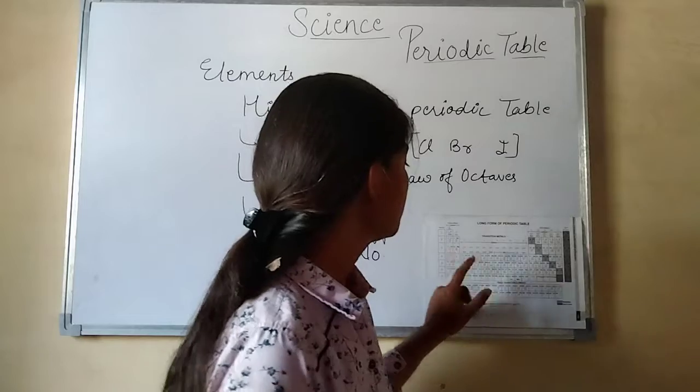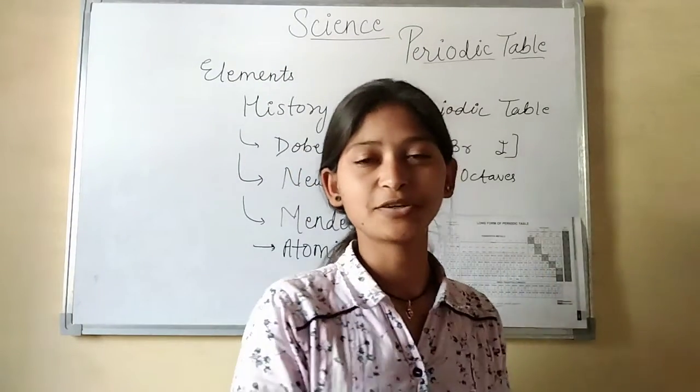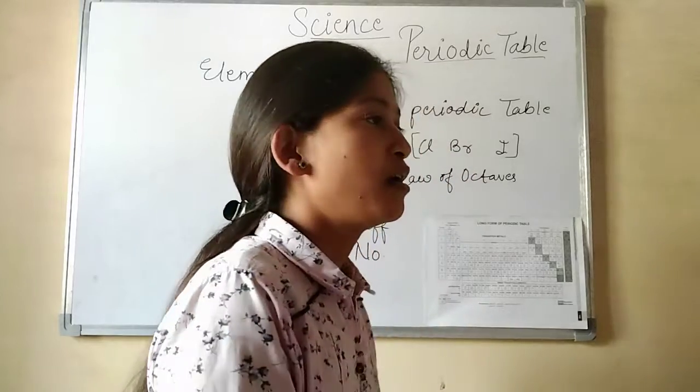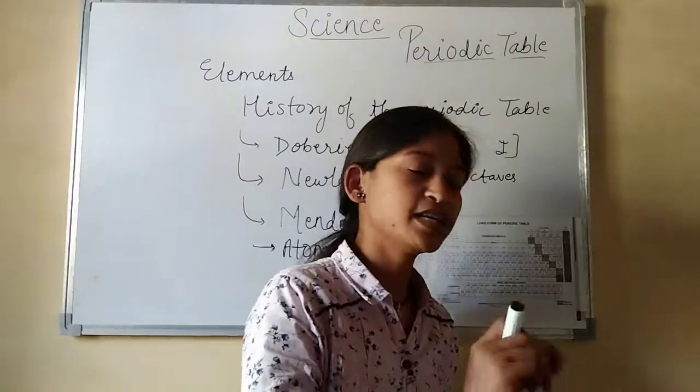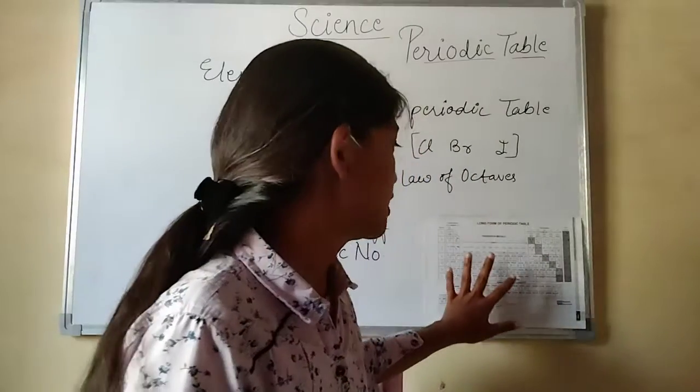You can see here there are 4 blocks. Blocks are decided on the basis of the electronic configuration of an element. The subshell into which the last electron enters decides the block in the periodic table.